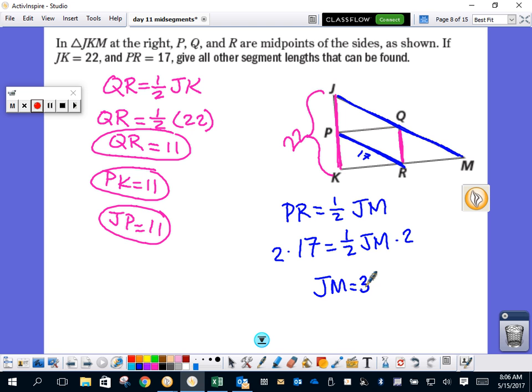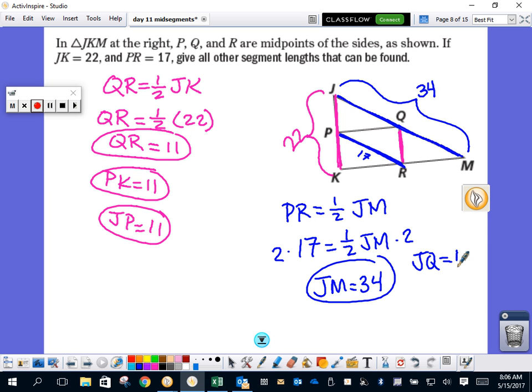Okay. What other lengths do we know? JQ is what? 17. Okay?